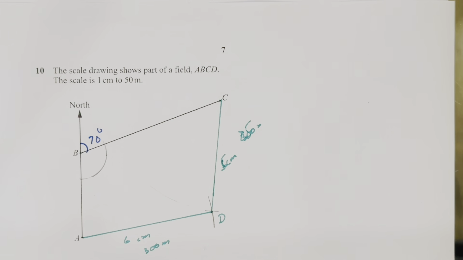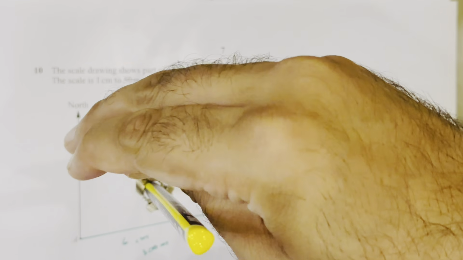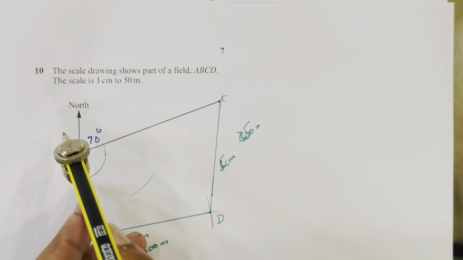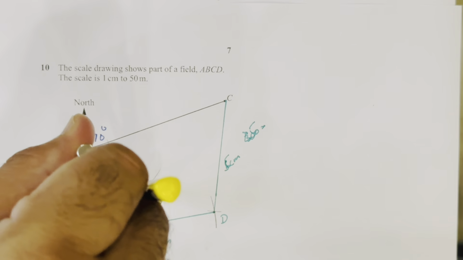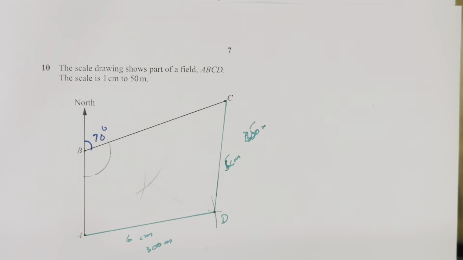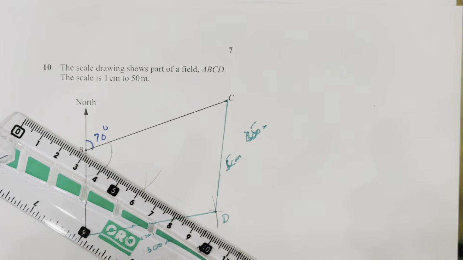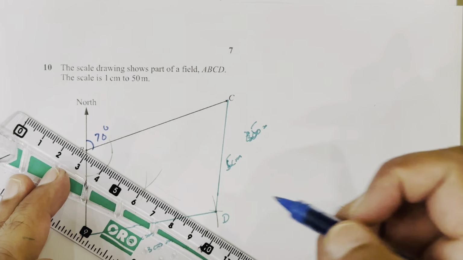Now you need to draw their bisector. So this would be our line that would show the path that is equidistant from AB and BC.